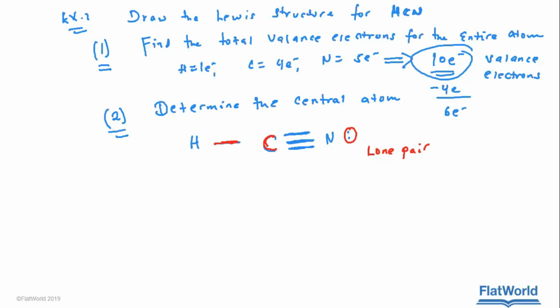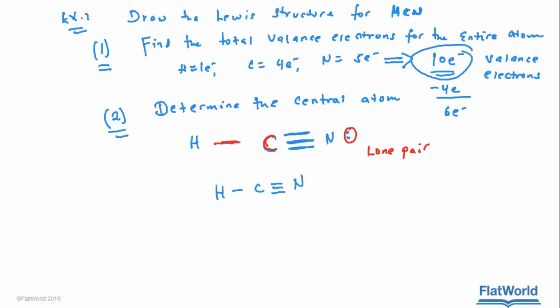Nitrogen also has 2 here in this section, and then 2, 4, 6. You see, now a triple bond is basically a good option for making a Lewis structure for hydrogen cyanide. So the correct hydrogen cyanide is going to be H-C triple bond N.